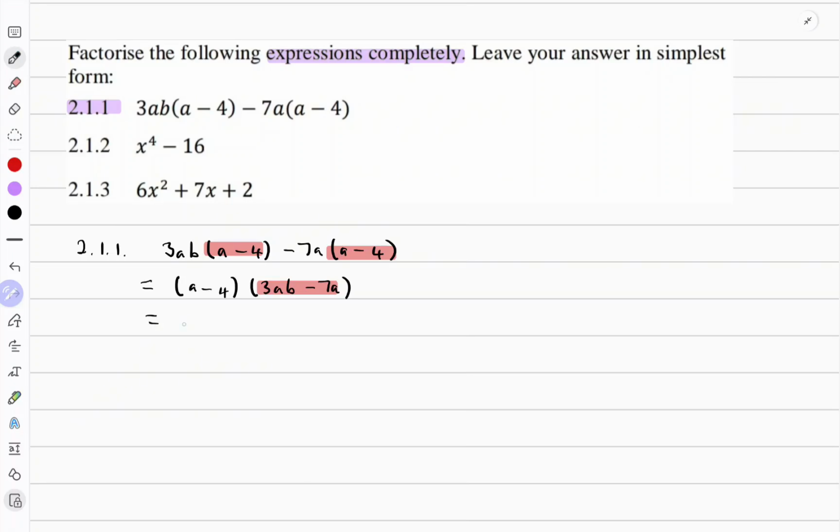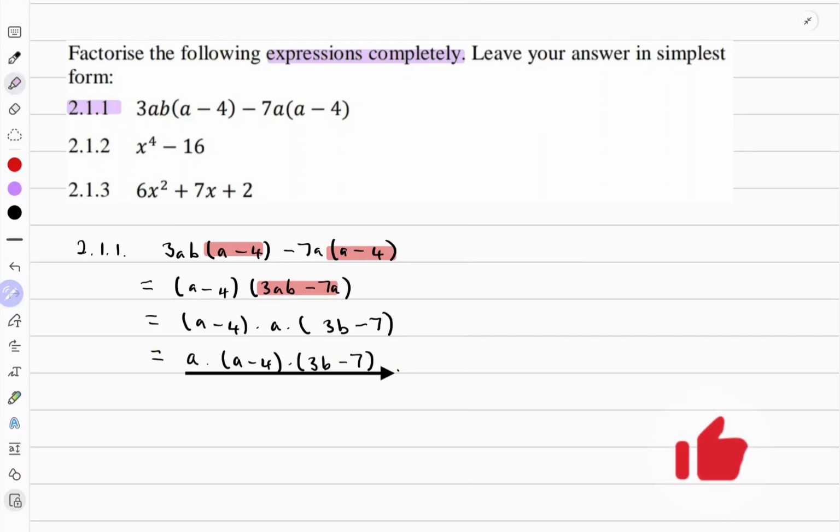So we can factor out a. So it's a minus 4 into a into 3b minus 7. And this can simply be rewritten as a into a minus 4 into 3b minus 7.